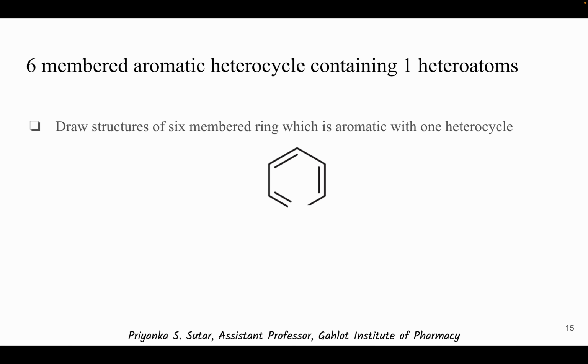So it must be looking like this. Now the heteroatom in this structure is nitrogen, so you can write nitrogen over here. So what is this structure? You can pause the video and complete the structure. So what is the name of this structure?